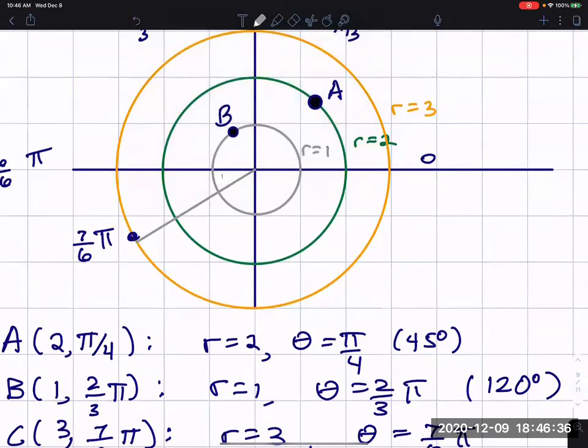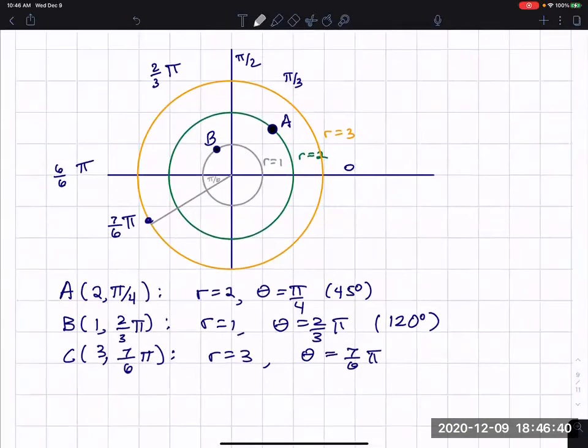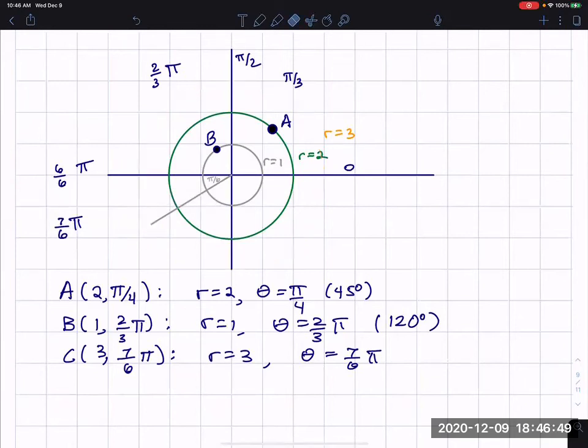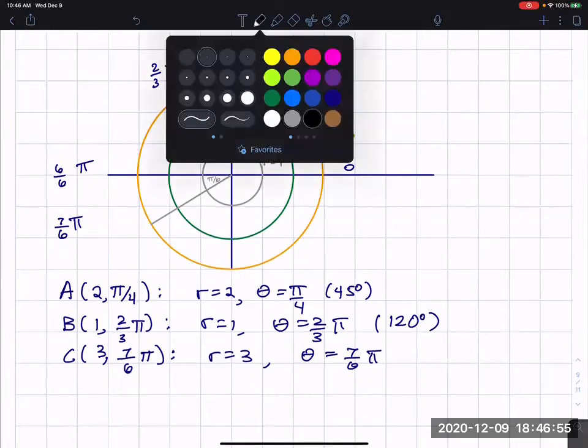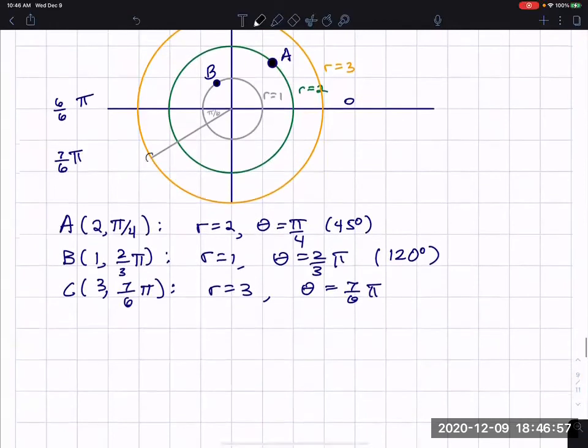The reference angle is pi over 6. So I do 6/6 plus pi over 6, which makes 7/6. And that is the point that I want. Let me put a circle there. That is the point C.